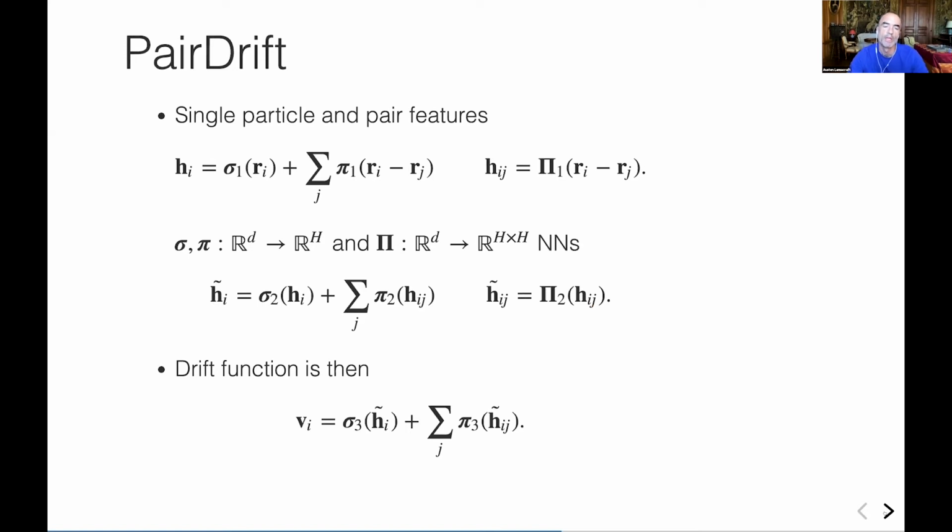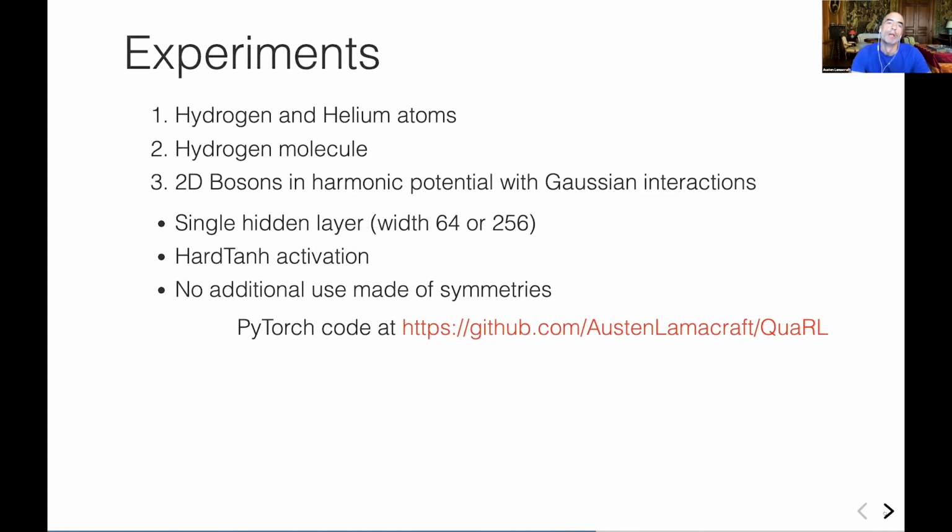So then we have some features H tilde sub i written in terms of the H's, and likewise some H tilde sub ij written in terms of the H sub ij's. And then eventually we build a fully permutation equivariant drift function, which can be very expressive if we stack layers together. Okay, so that's how we do it.